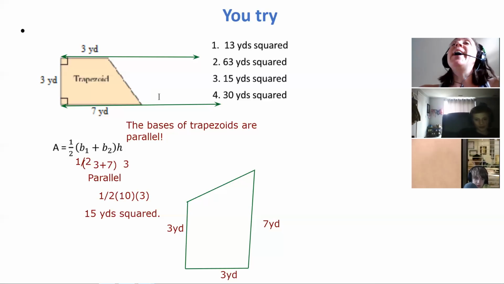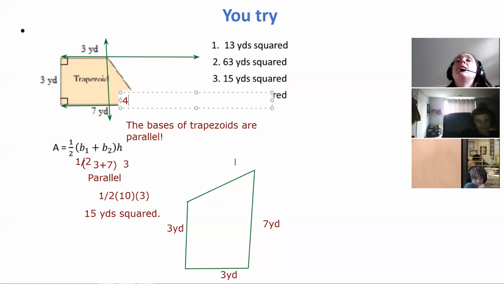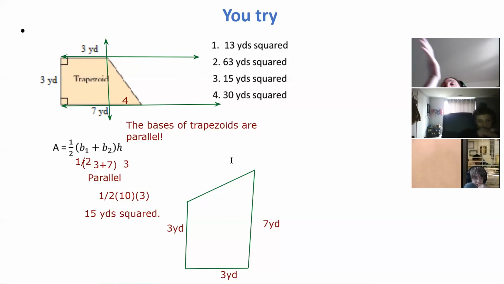Okay, so Isaiah, very smart, my friend. Is that what you did, Braylee? Isaiah visualized it as a square and a triangle, right? That's smart. So he figured out that if this side's 3, then this little piece would have to be 4. So he did the area of a triangle plus the area of a square.